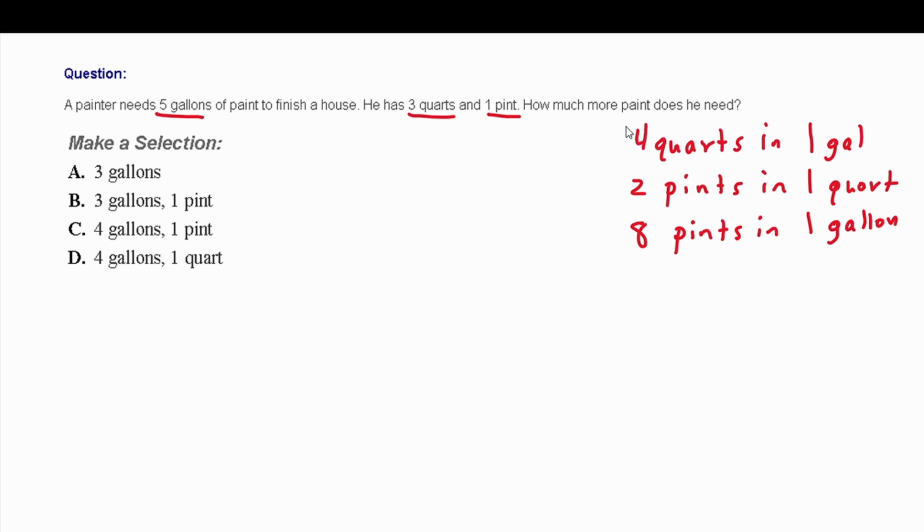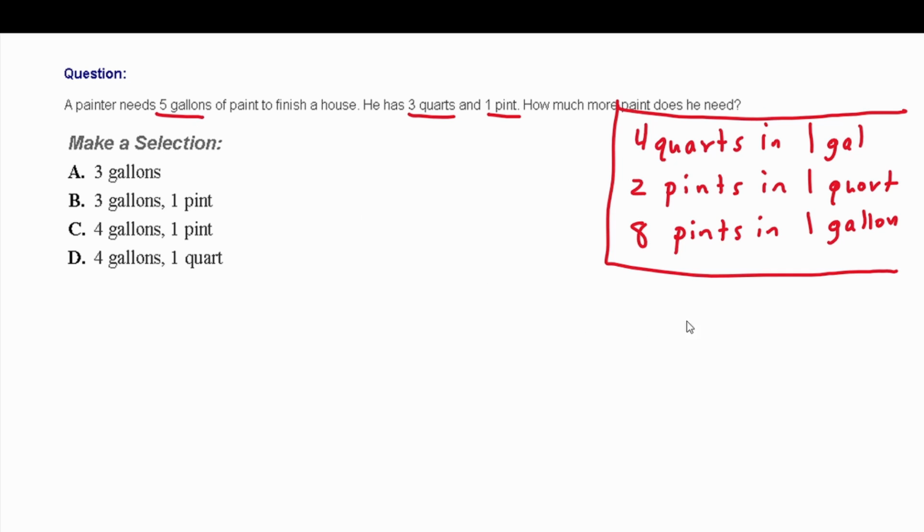Okay, so with this written out as reference, we can think about how we want to tackle this problem. I think the easiest way is to convert everything to be in terms of pints. Okay, and that's pretty easy to do.